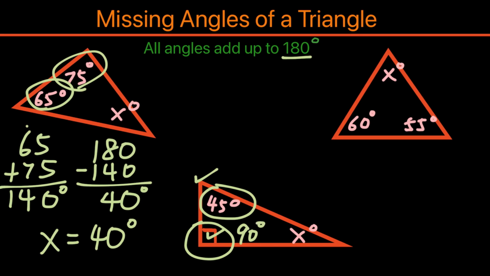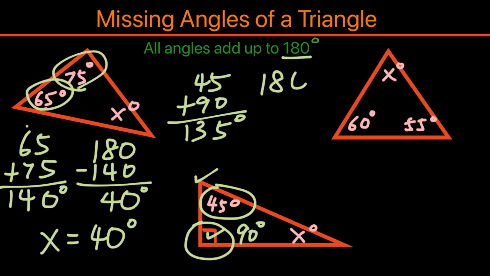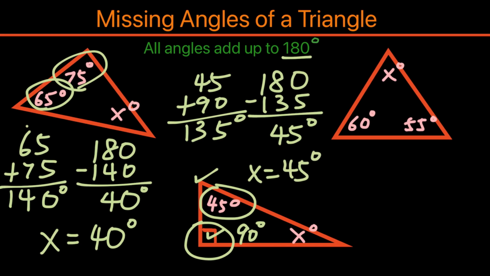So for this example, we will have 45 plus 90. So that gives us 135 in total. So this is 135 degrees. And again, taking 180 degrees in total minus 135, the missing angle that we have is 45 degrees. So for this example, x would be equal to 45 degrees.